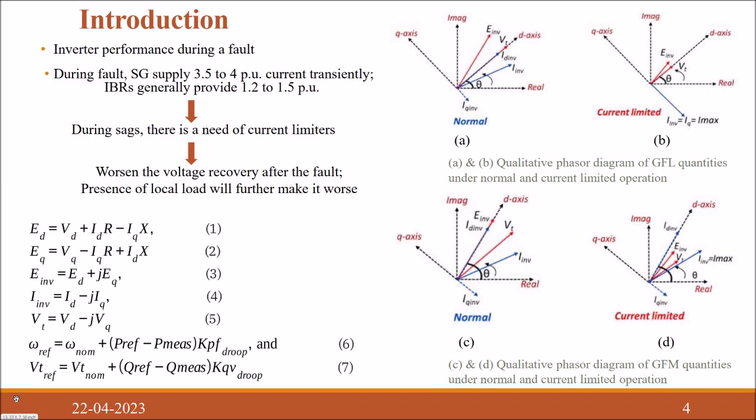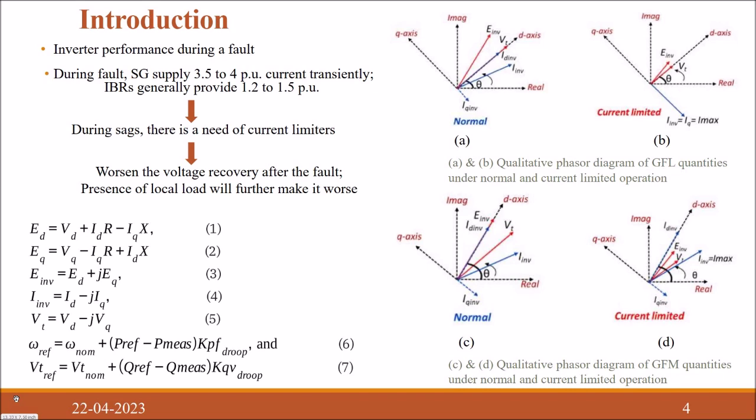Figure B is the farthest or a specific case where all the inverter current is shifted to the reactive current, and this is the maximum current which the inverter can provide during a fault. During this condition, we see that the angle theta is still maintained between the D axis and the real axis, and the terminal voltage is aligned with the D axis.